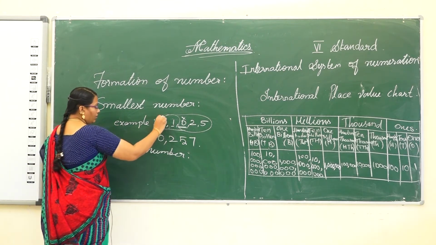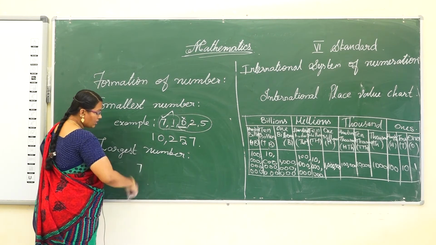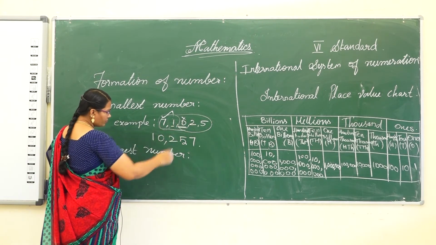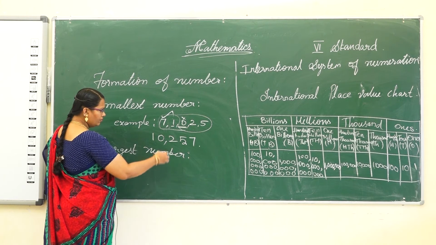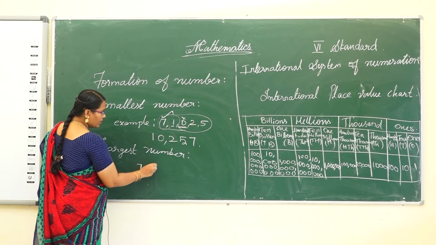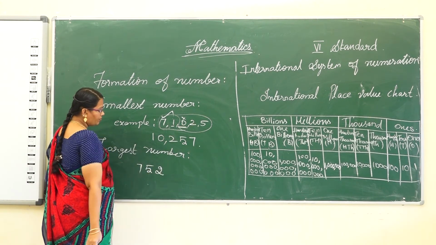In descending order, the greatest value is 7, the second is 5, and next 2.